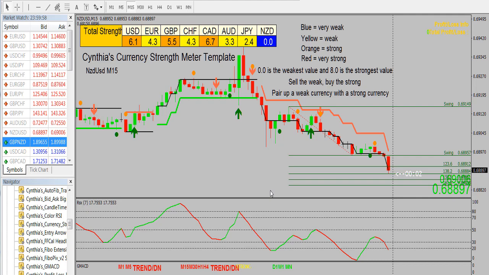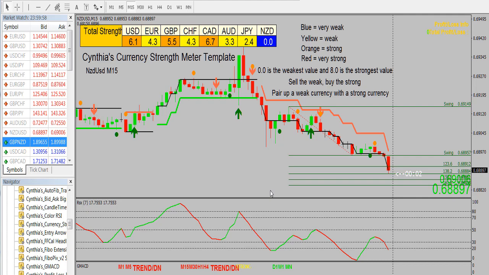And the reason is that most traders do not know how to pick and choose a currency pair to trade when they sit down and they're ready to start their trading session. And it's difficult and time consuming because we have 28 possible pairs that we could look at, but we cannot have the patience or the time or the fortitude to flip through 28 charts looking for a tradable pair.